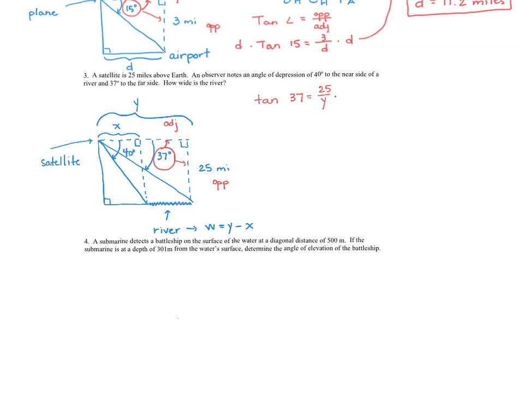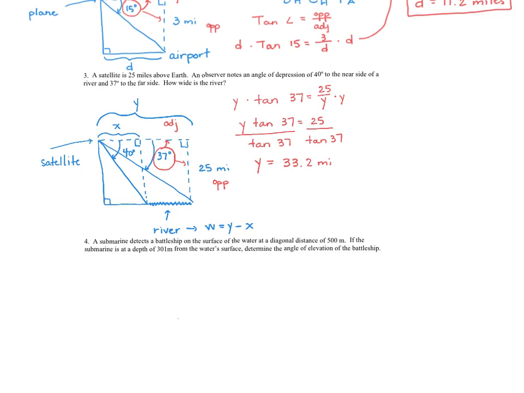To get the y out of the denominator, I multiply both sides by y, and I have y tangent 37 equals 25. And to find the distance to the far side of the river, which is y, I'll just divide by tangent 37, which is just a number, and I find out the distance to the far side of the river to the nearest tenth is 33.2 miles.